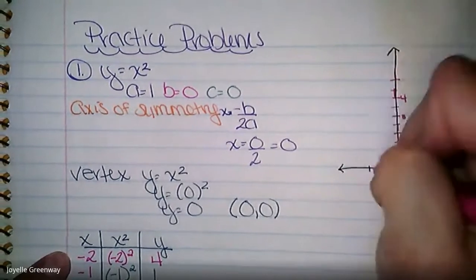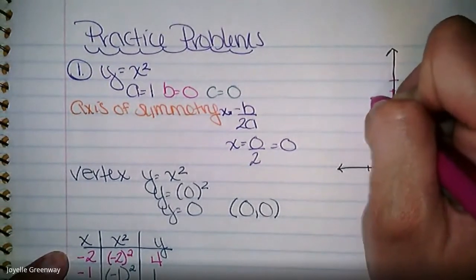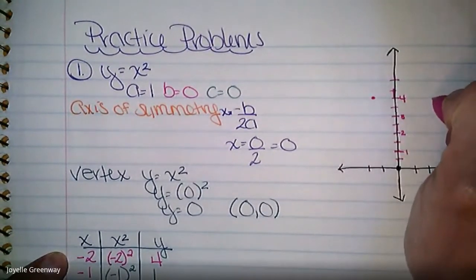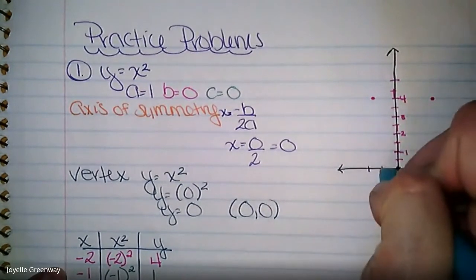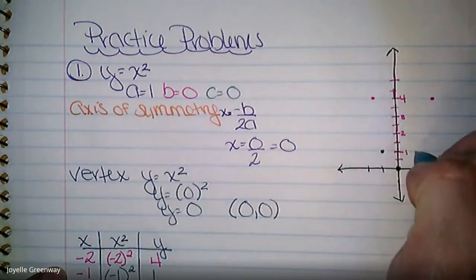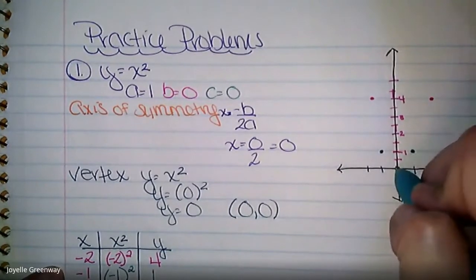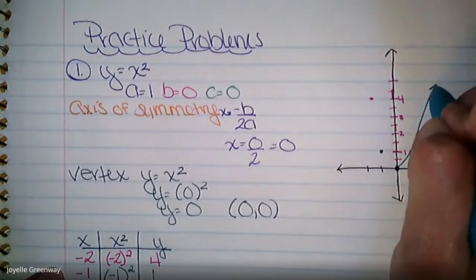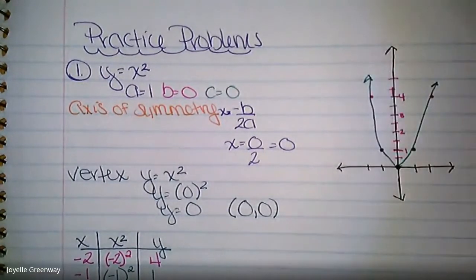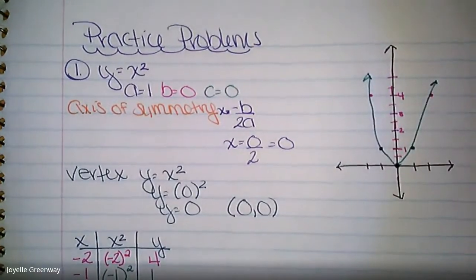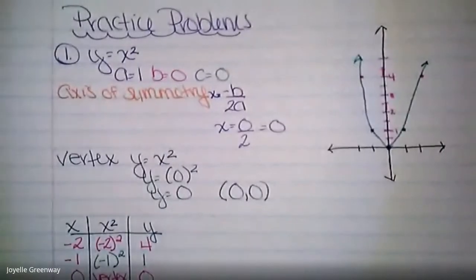So -2, 4, and then +2, 4, and then -1, 1, and +1, 1. And here's your parabola. Again, ugly parabola. Don't judge me.